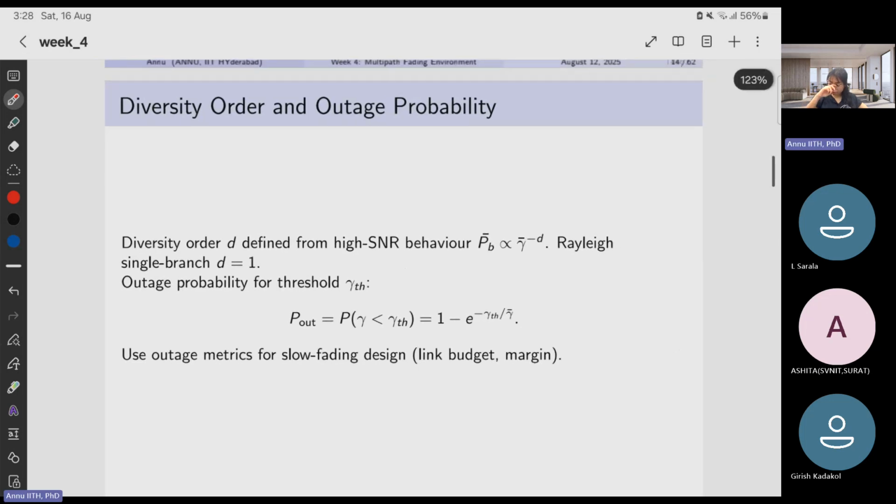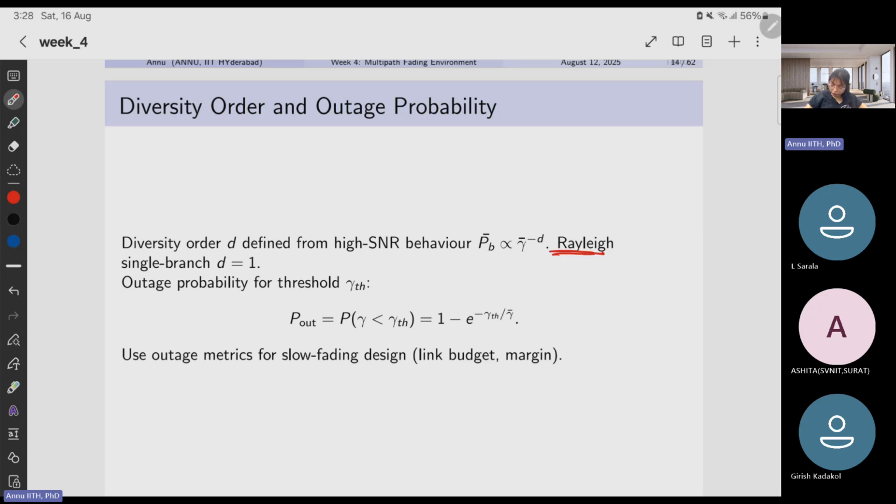There are also significant terms used, which are diversity order and outage probability. Diversity order D, from the high SNR behavior, PB is proportional to gamma bar power minus D. For Rayleigh single branch, D is equal to 1.